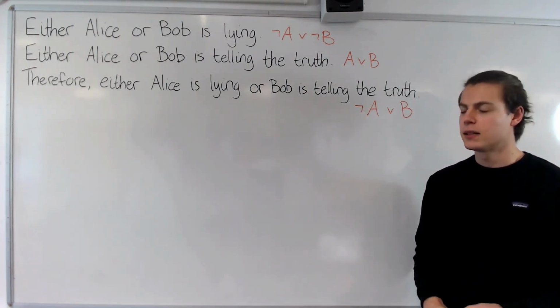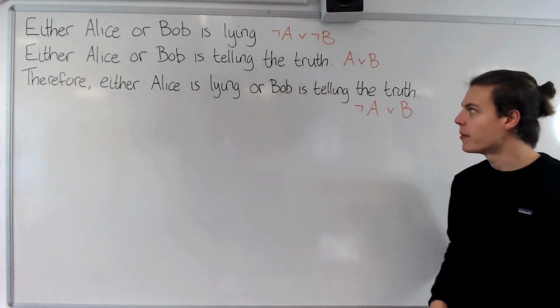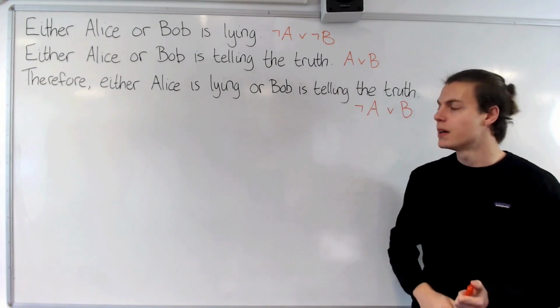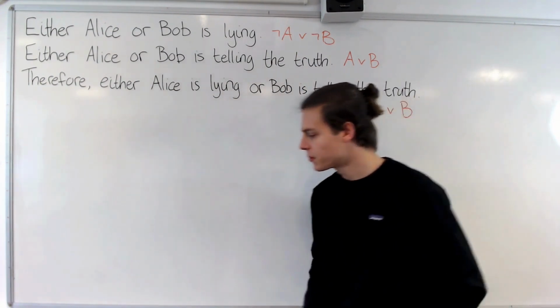Okay, now let's determine whether this is a logically valid argument. Remember, we need to check whether the two premises together imply the conclusion. And we'll again use a truth table.